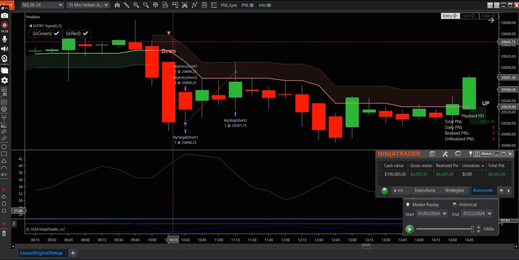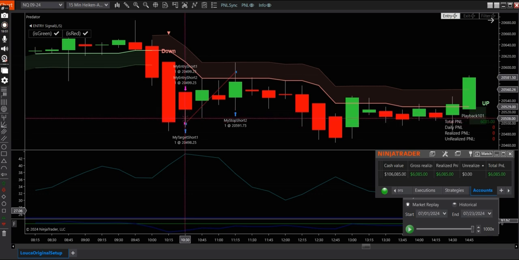So I got a down signal, right? And it entered a trade on the next candle right here. So this is a short. Immediately when it entered, it went long. So I got another candle, an up candle, and it closed out.